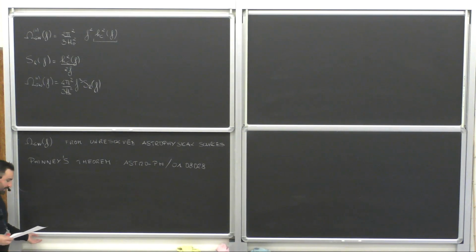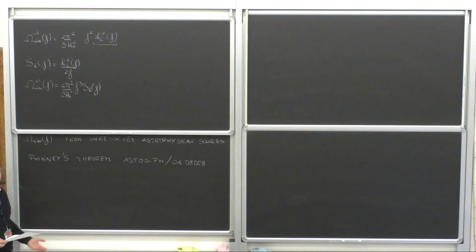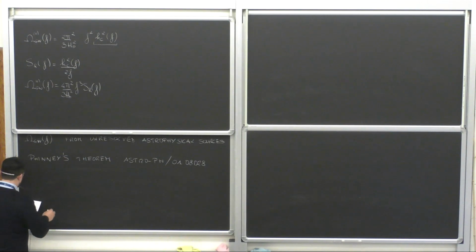Okay. So, what do you have to do? Essentially, the only thing that you have to do is integrate all your objects that you see along your line of sight. So let's see how to do it. Let me introduce the concept of energy flux.